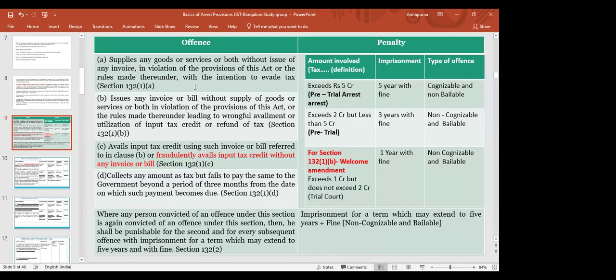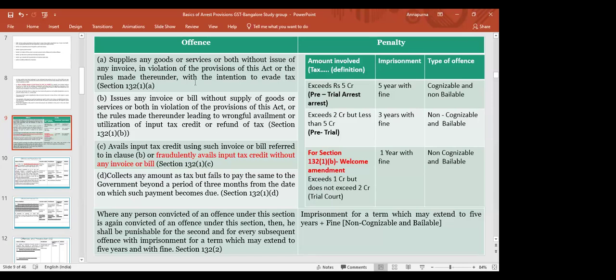Most of you would have read that, but in brief, if there is any supply of goods without invoice, or any issue of invoice without any supply of goods, or availment of input tax credit as per clause (b) of 132(1), or fraudulent availment of input tax credit, or if the accused has collected any amount and not paid the taxes to the government beyond a period of three days from the date when the payment was due.